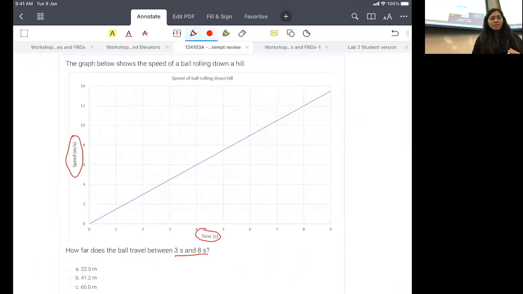If the graph is speed versus time, do you think we should get the slope of the line or the area between the graph and the horizontal axis? Yeah, we want the distance. We're given the speed.